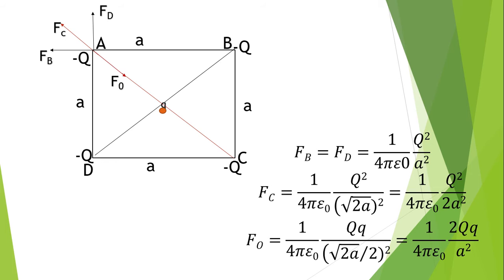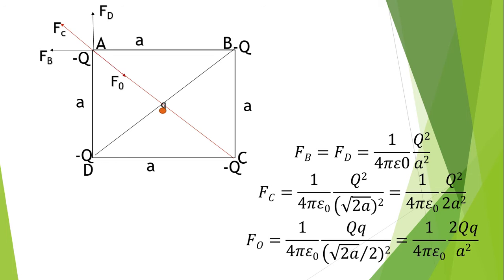Similarly, the force acting on minus q charge at point A due to charge minus q at point D, that is Fd. Fb and Fd are both Coulomb repulsion forces. They have the same magnitude because the distance in the square is the same: this distance is a, this distance is a. So the Coulomb forces Fb and Fd are equal in magnitude.